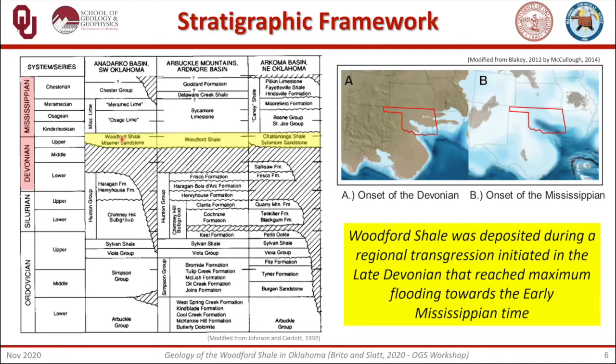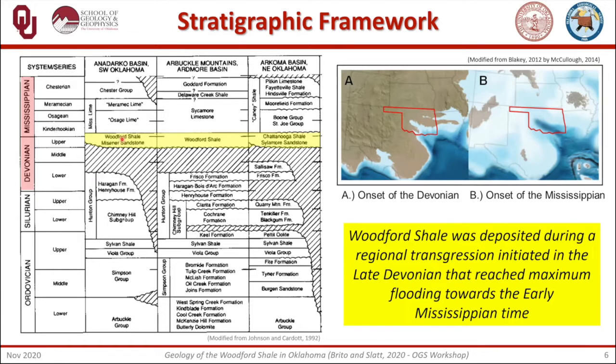This unconformity created a paleotopography across Oklahoma, developing valleys and karst holes. The erosion was so great that it could cut through not only the Hunton but also the Sylvan and the Viola, as well as the Arbuckle, depending on where you are in the basin.